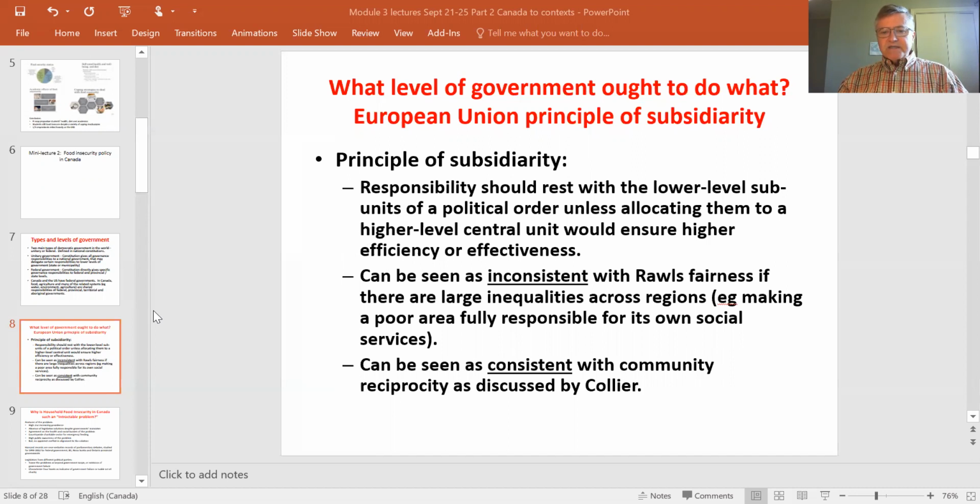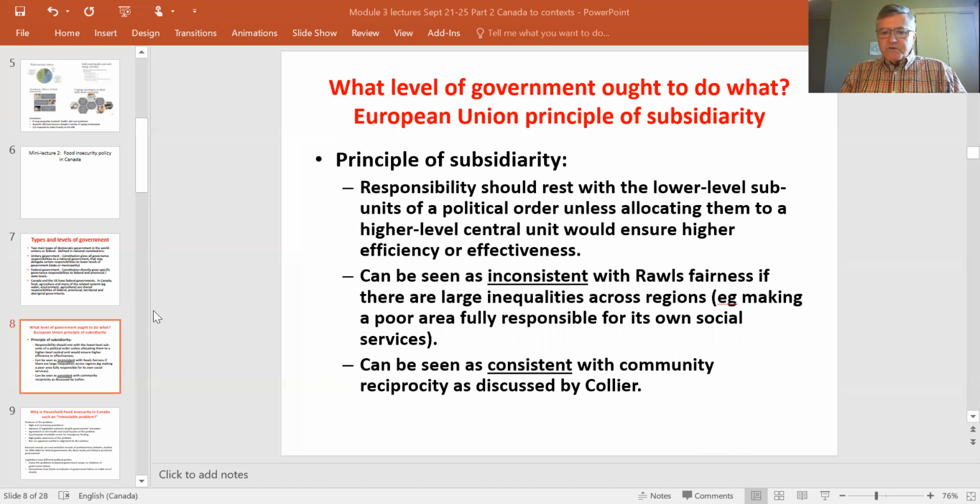The principle of subsidiarity is that responsibility for whatever type of governance should be held by the lower-level subunit of the political order. The political order would be municipal, provincial, or national. What's the subunit of that order that can handle that responsibility best?